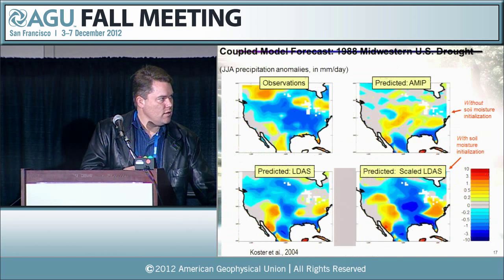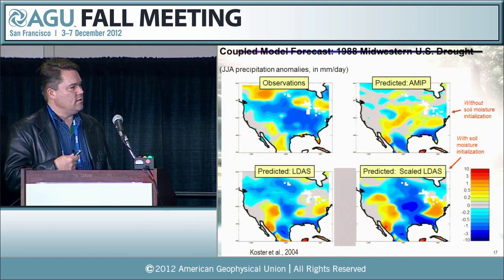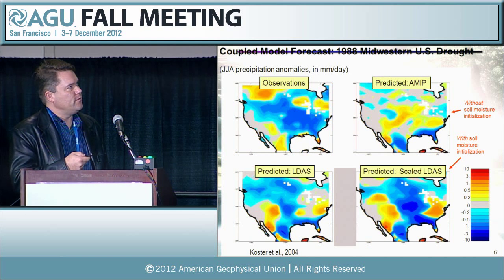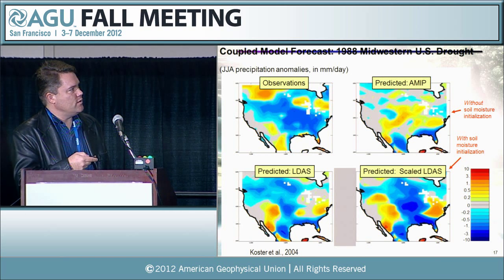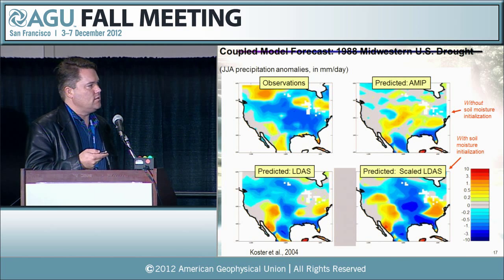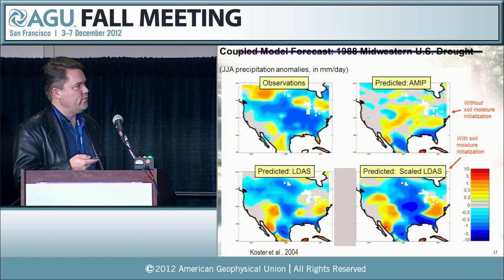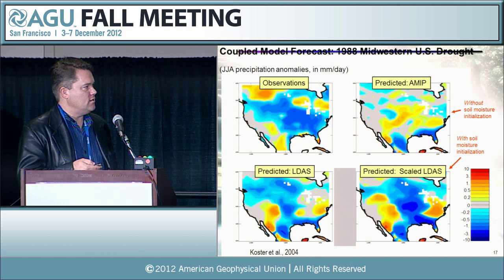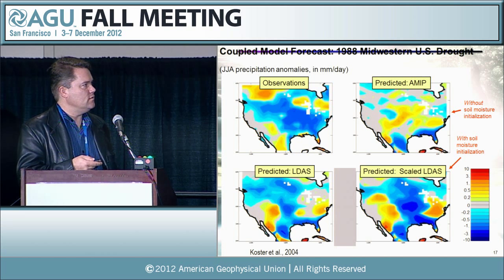One of the goals with that is to try and initialize climate and weather prediction models. So these are examples from the 1988 Midwestern U.S. drought, where we initialized the seasonal forecast with these GLDAS data assimilation land fields.